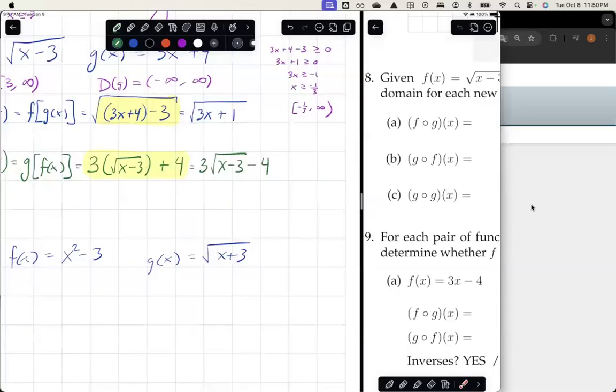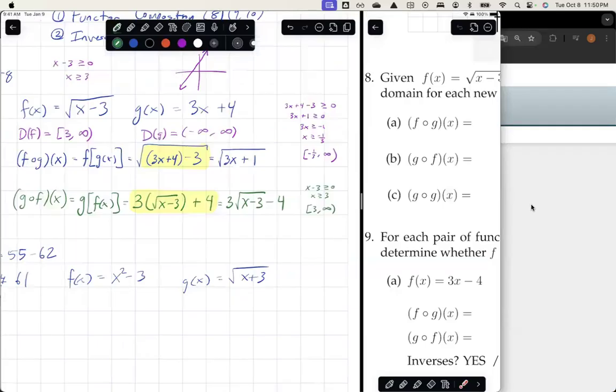It's going to be found in exactly the same way as we did for f. X minus 3 must be larger than or equal to 0. And so x must be larger than or equal to 3, which means the domain is all numbers from 3 to infinity. All right, so notice one of the times the domain of the composite function came out to the same as the domain of one of the previous functions.